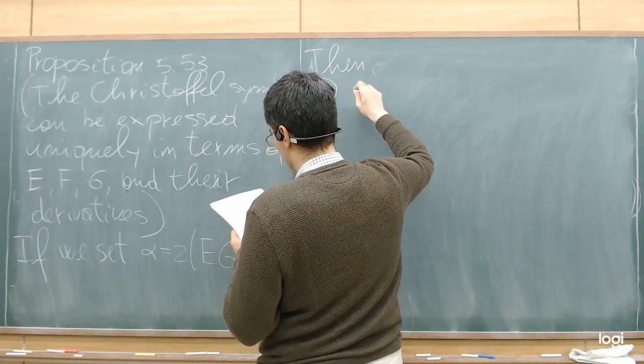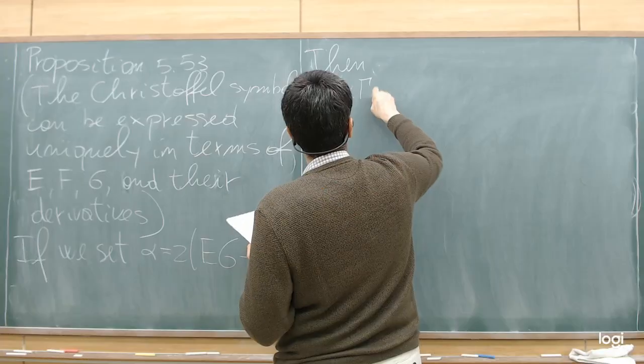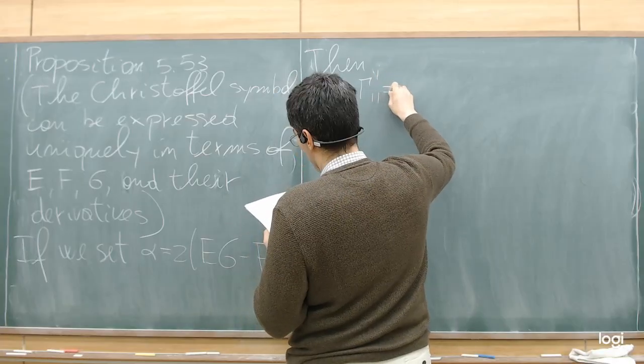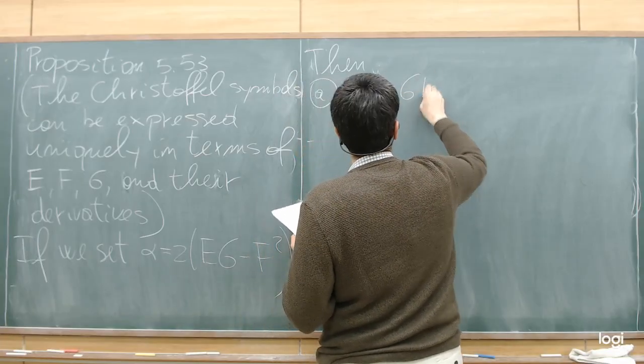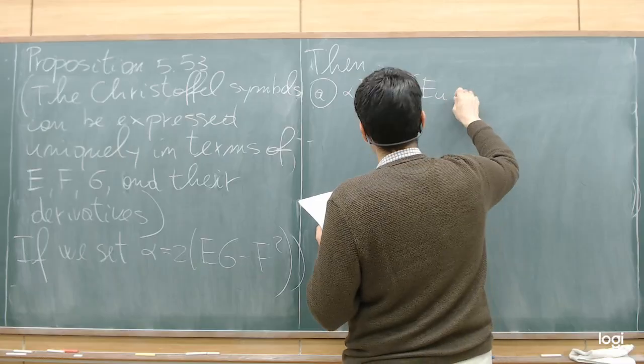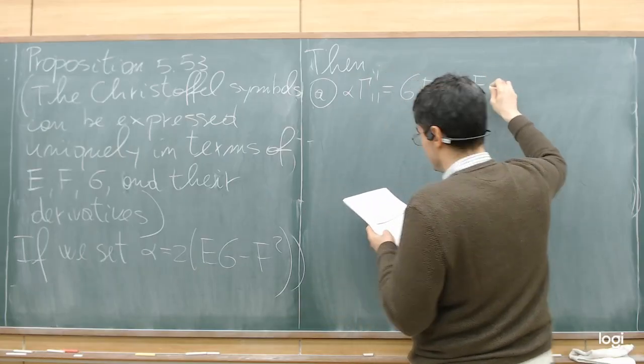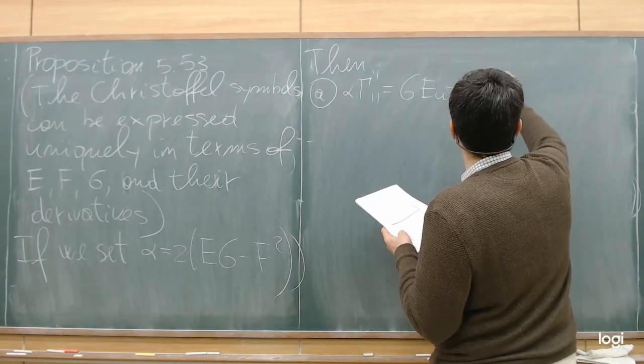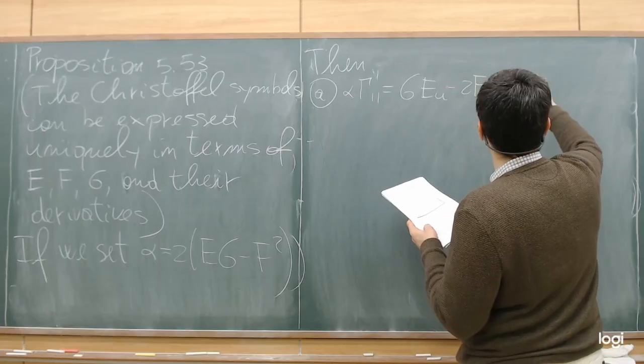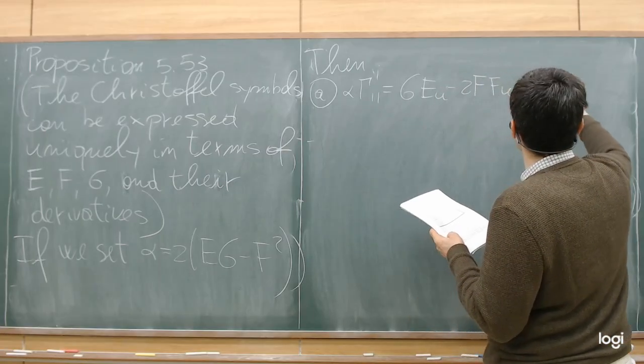A: alpha gamma 1 1 1, this is G E_u minus 2F F_u plus F E_v.